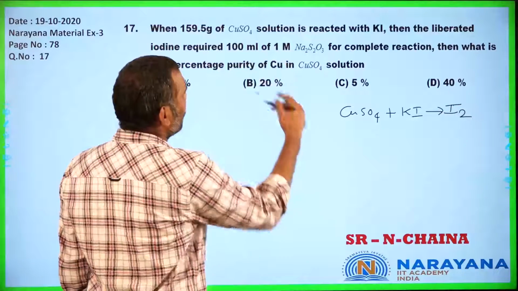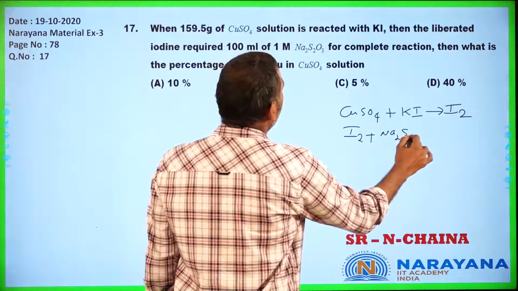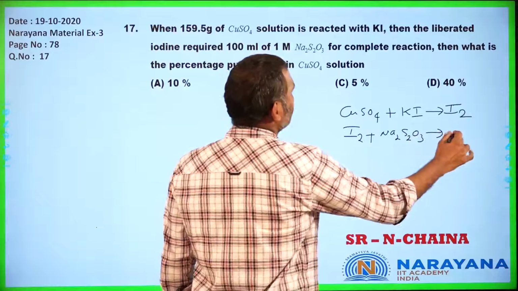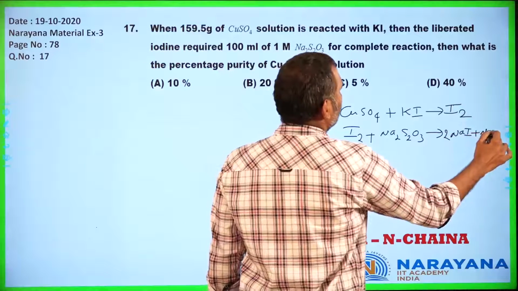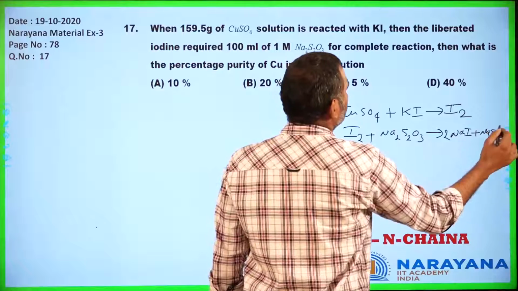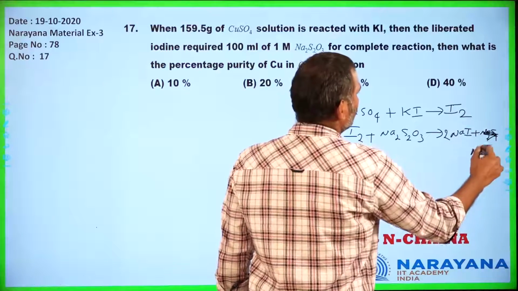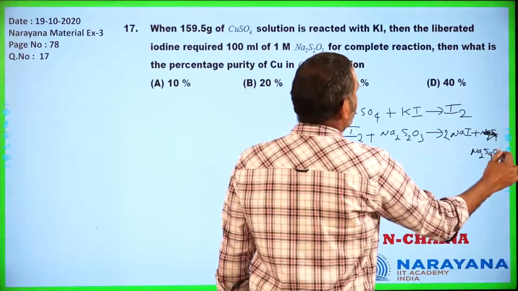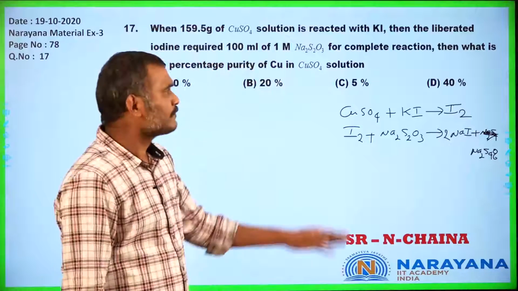The produced iodine is titrated with sodium thiosulfate, producing sodium iodide plus Na2S4O6, sodium tetrathionate.